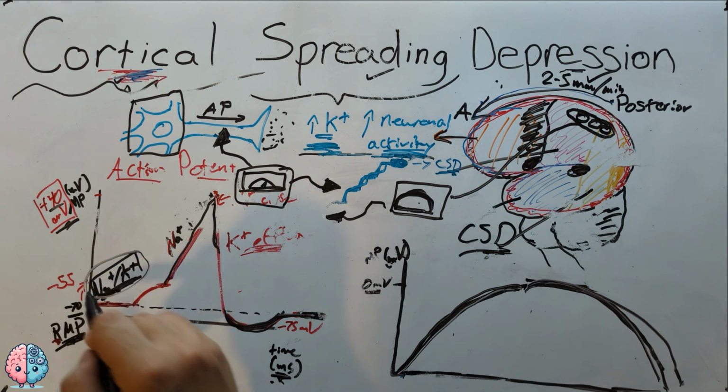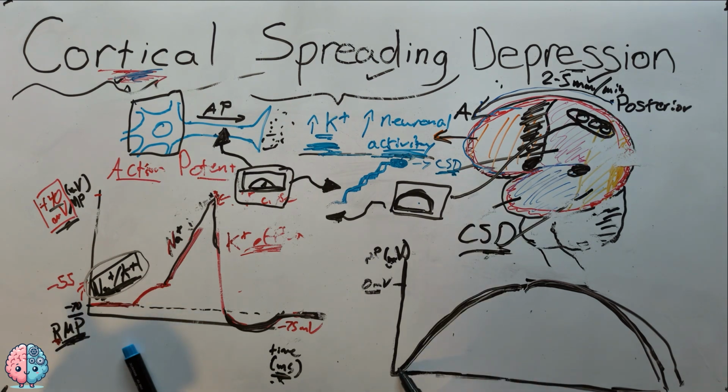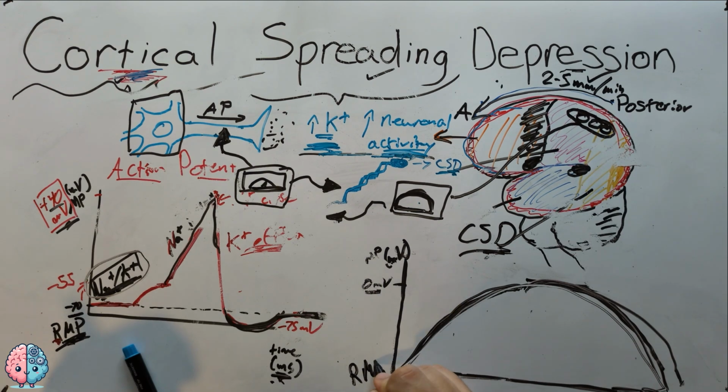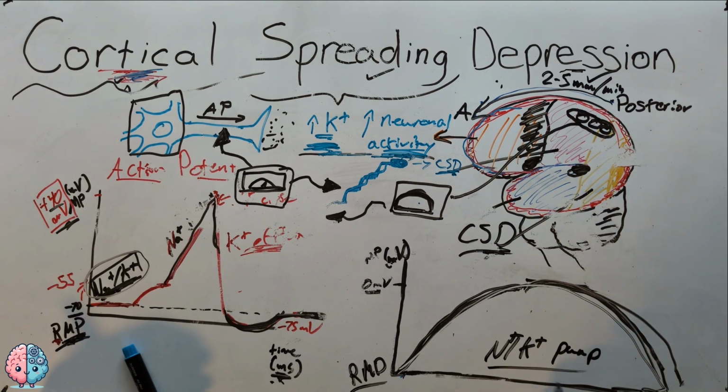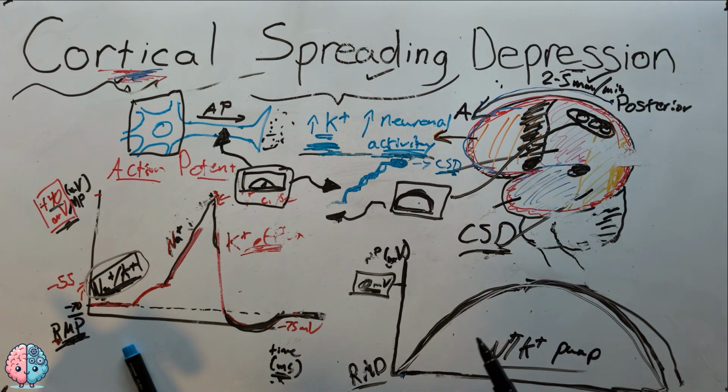Well, the sodium-potassium pump is in every cell. It's also in the neurons in the cerebral cortex. The way the cortex will get back to its resting membrane potential is also the sodium-potassium pump, which requires energy. Even though it only depolarizes to 0 millivolts, it requires so much more of an energy demand due to the spread of cortical spreading depression and the massive ionic imbalances that occur in the cortex.